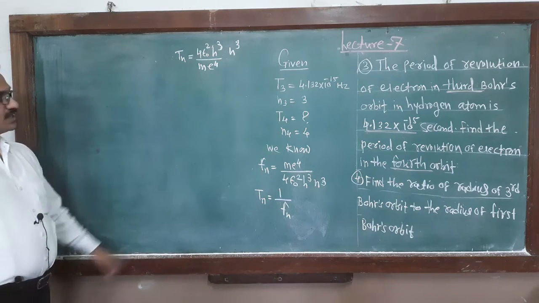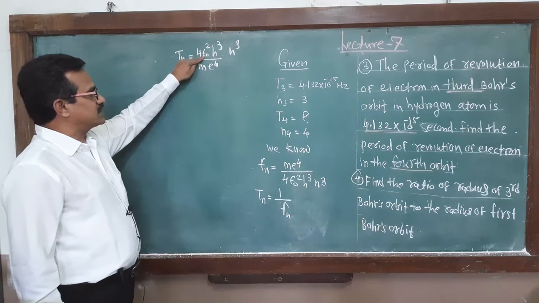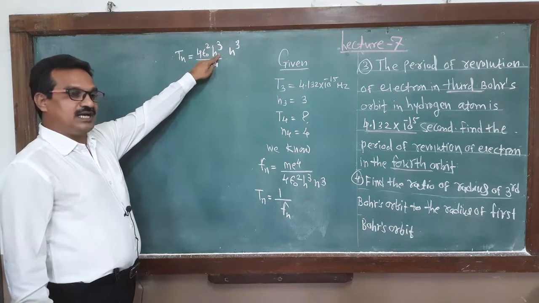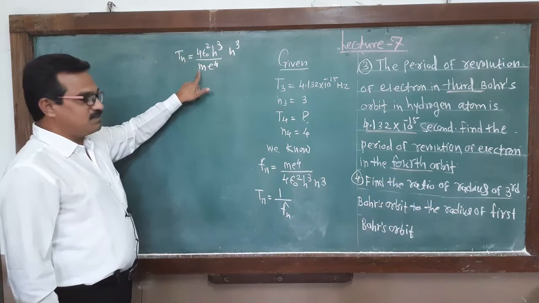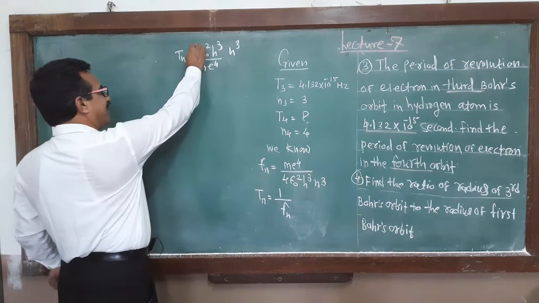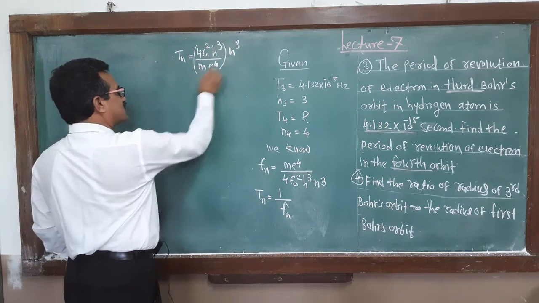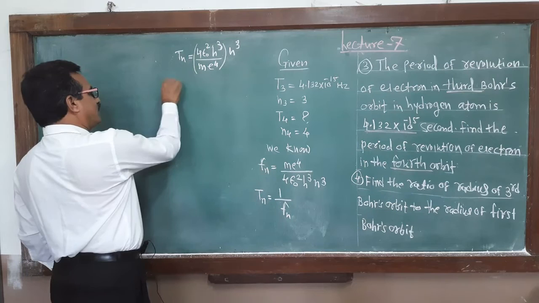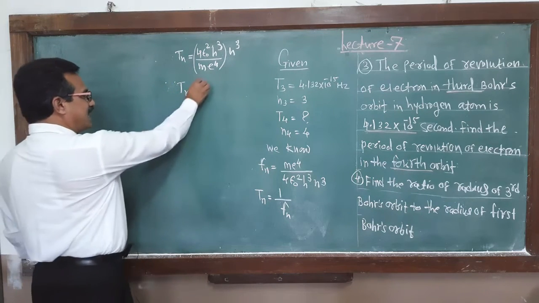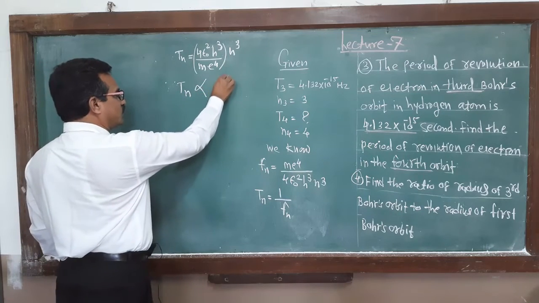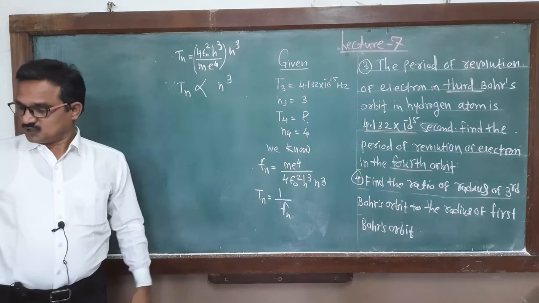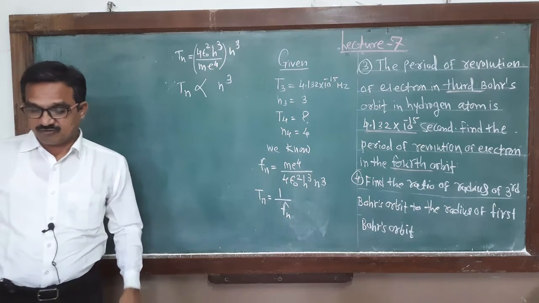From this equation, epsilon 0, the permittivity of free space, is constant. h cube, h is again constant. m is constant, the mass of the electron, and e, the charge on the electron, is constant. All these terms are constant, therefore we can write that the period in the nth orbit is directly proportional to the cube of the principal quantum number. We get this relation.